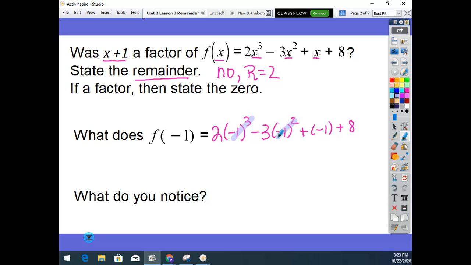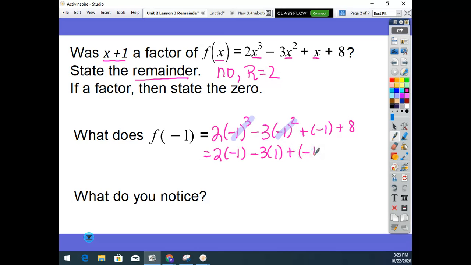Remember, we do exponents first. Negative 1 to the third is negative 1. Negative 1 squared is positive 1. Multiply. Multiply.